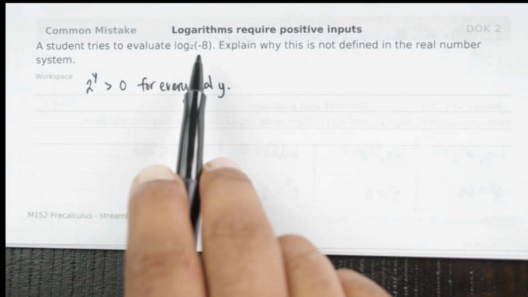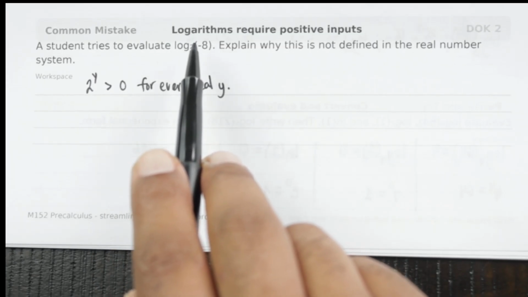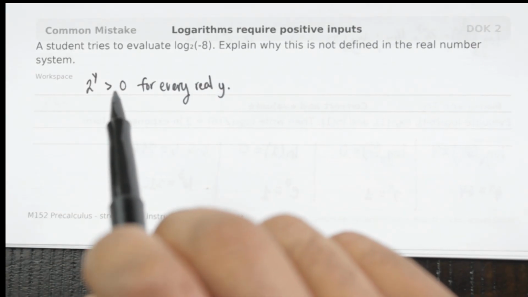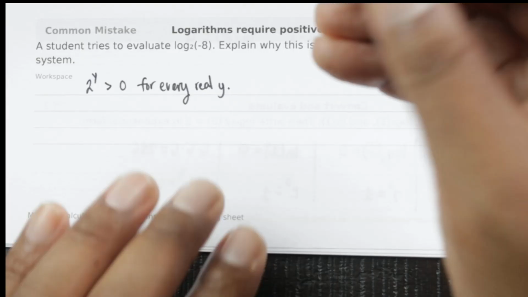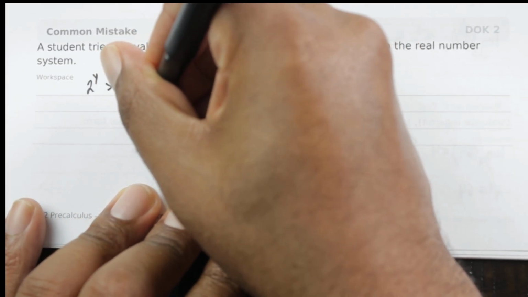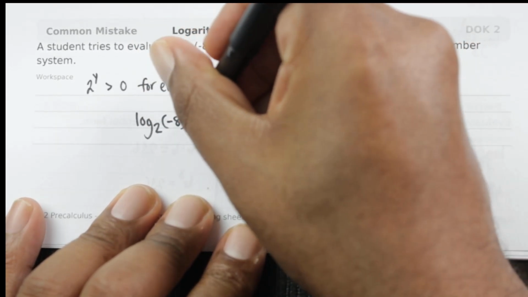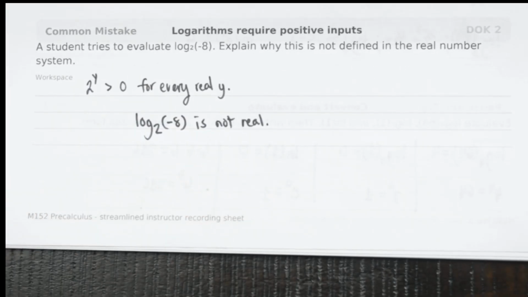So this really doesn't make any sense. There are no real exponents that would make this -8. So log sub 2 of -8 is not defined in the real number system. Okay, so log sub 2 of -8 is not real. For real logarithms, the input must be positive. The log input must be greater than 0. It just must be like that.